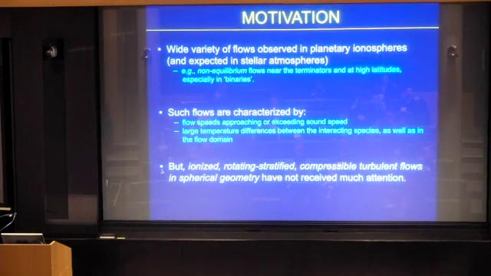Now, there's a wide variety of flows on planetary atmospheres, especially in the ionosphere, since we're talking about magnetic fields, and of course expected on stellar atmospheres as well. If you have a situation like a close binary or a very close-in exoplanet, then the flow is particularly complex because it involves highly non-equilibrium flows, especially near the terminators, if it's, for example, tightly synchronized.